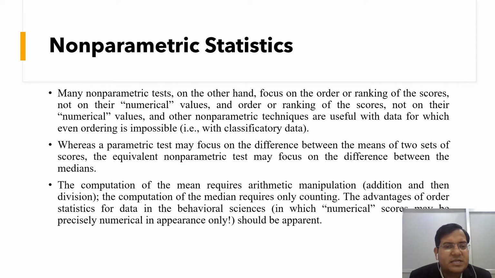Many non-parametric tests, on the other hand, focus on the rank of those scores. Sometimes it's not necessary to know how much you scored; we just need the rank of a person. Suppose we want to compare the popularity of individuals.